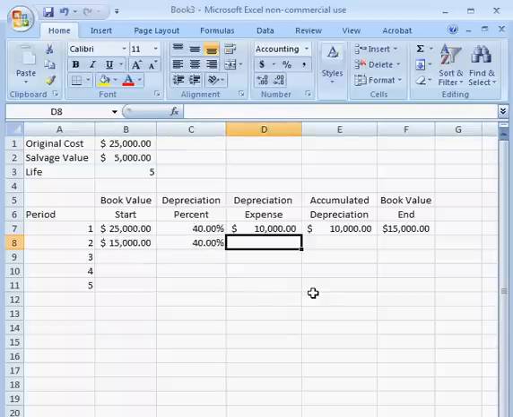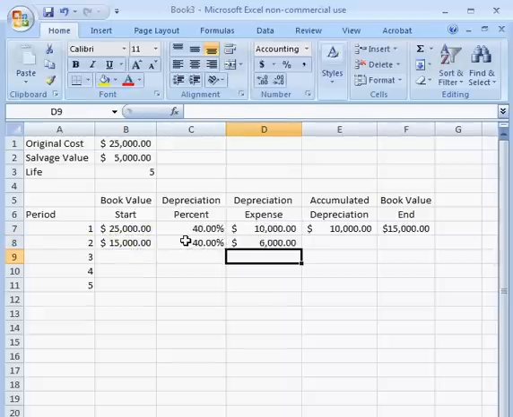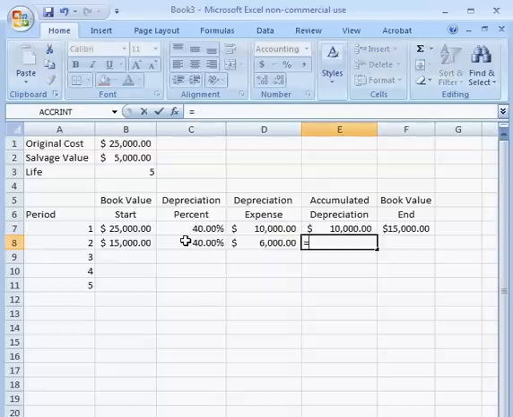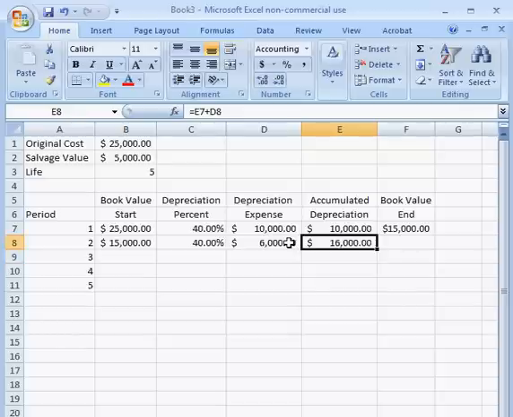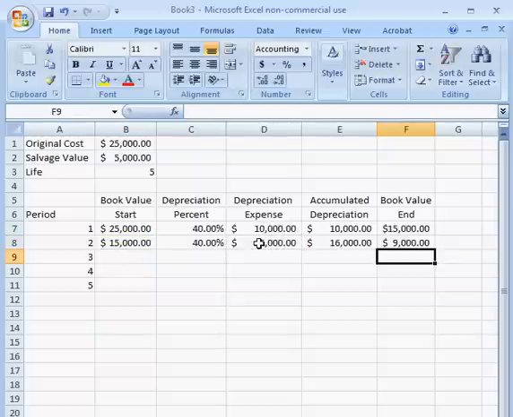The depreciation expense for the second year is the $15,000 multiplied by the 40%, which gives us the $6,000, and the accumulated depreciation is the $10,000 plus the $6,000 gives us $16,000, and the book value at the end is the $15,000 subtract the depreciation expense, which is $9,000.